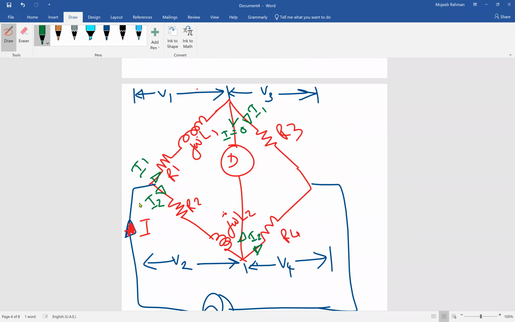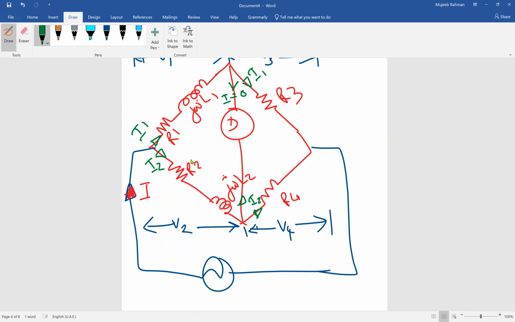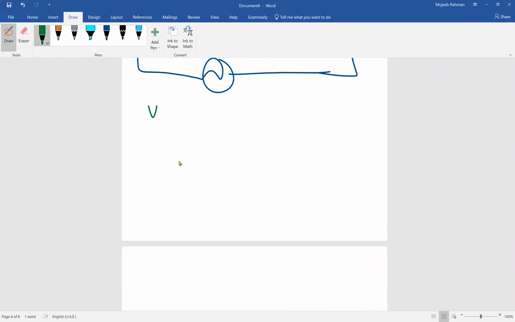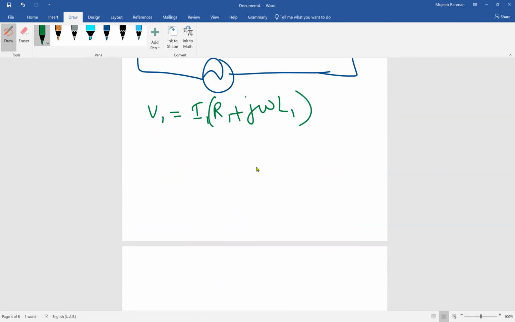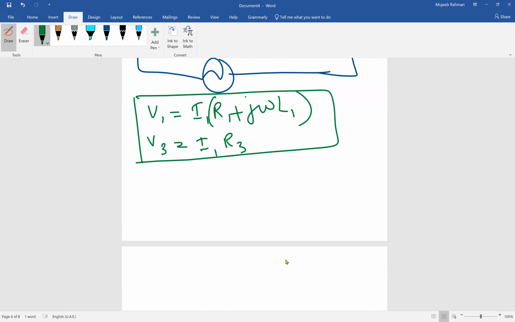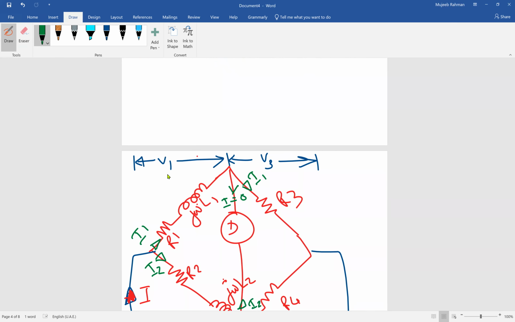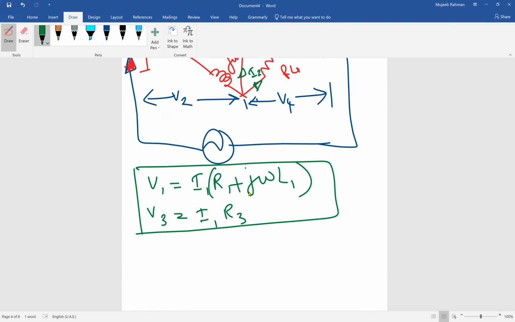Now if you look at V1, V1 is nothing but the voltage across R1, L1. We can calculate that by using the equation I1 times R1 plus j omega L1. In the same manner, we can calculate V3, that is nothing but I1 into R3. These two things we have to represent by using a vector diagram, because you can see that the vector sum of V1 and V3 will give you the supply voltage.